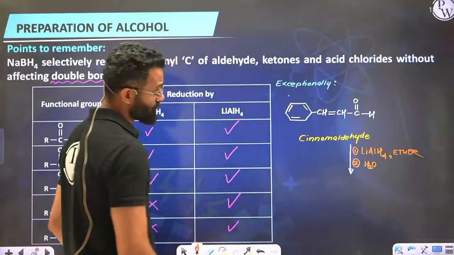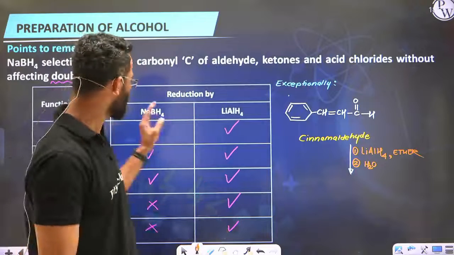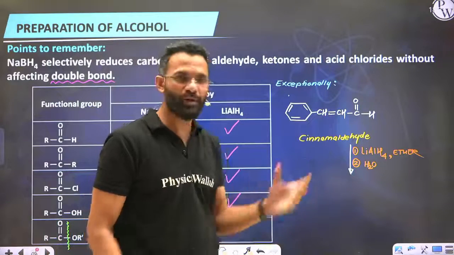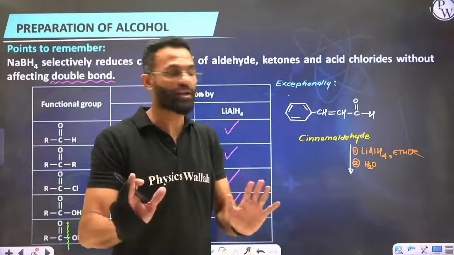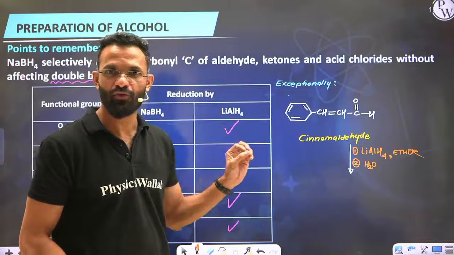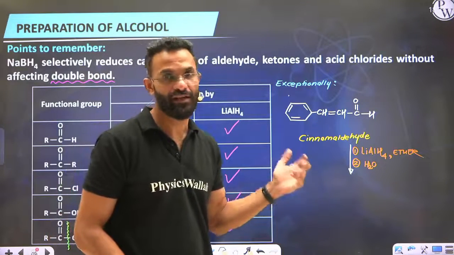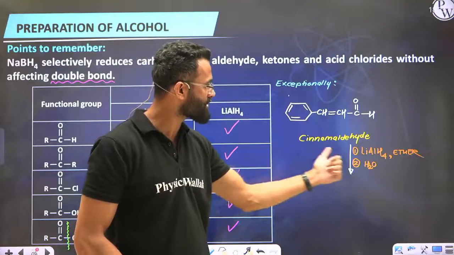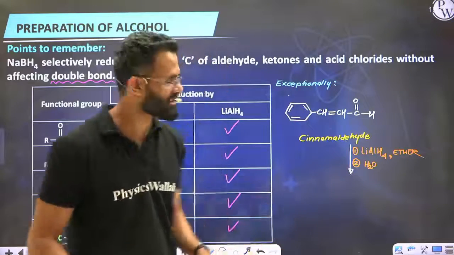Now what I've told you, in general, sodium borohydride is out of the question to reduce a carbon-carbon double bond. If this double bond were isolated, meaning not in connection with a benzene ring, then even LiAlH4 wouldn't be in a position to reduce it. But exceptionally, when the double bond is connected to the benzene ring, it can be reduced by LiAlH4. We'll take it as an exception.